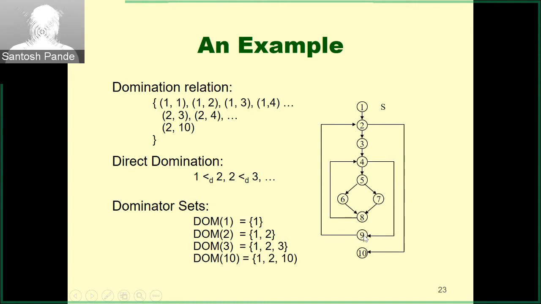Now from there, I pick up a node which brings the control back to me, which is 9 to 2. And all the nodes that are on the forward path from 2 to 9 form the body of the loop. So this forms the biggest loop outside. In a similar way, there is an inner loop, from 4, 5, 6, 7, 8, formed as a loop inside over here.